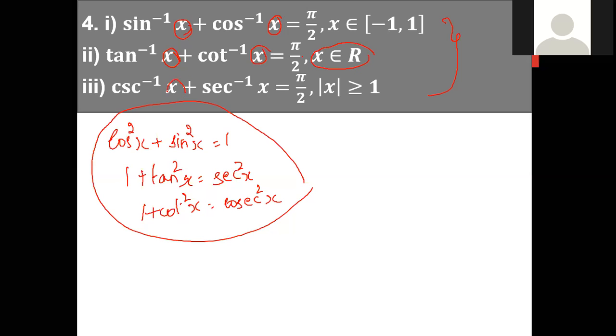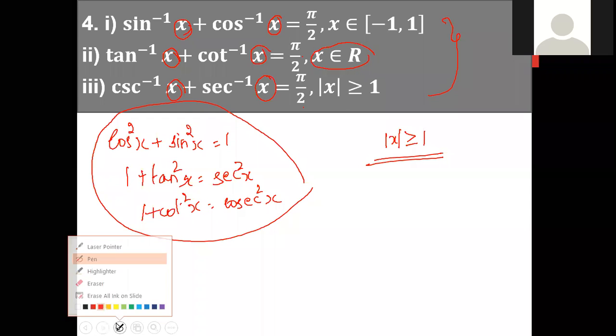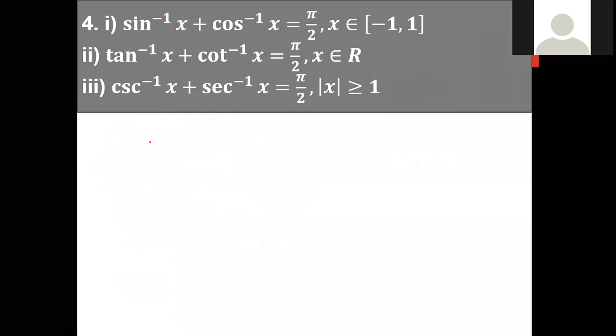And cosecant inverse x plus secant inverse x is equal to pi by 2, but the condition for x is that its modulus should always be greater than or equal to 1. So how will we prove this? I'll prove one. The other two you can take as homework because we have less time.